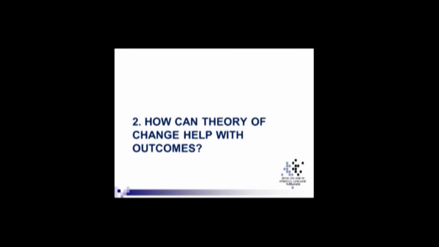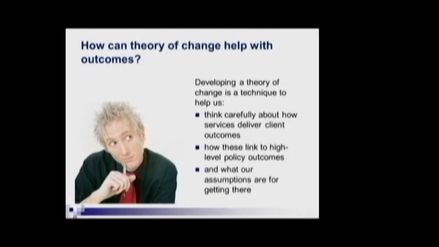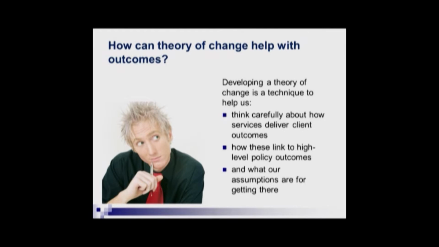So I've talked a little bit about outcomes already. So how can theory of change help with outcomes? Well, a theory of change is a technique to think carefully about how the services deliver client outcomes, how these link to high-level policy outcomes, or the most woolly long-term outcomes, and what our assumptions are for getting there. Not just our assumptions, but also what is the evidence.